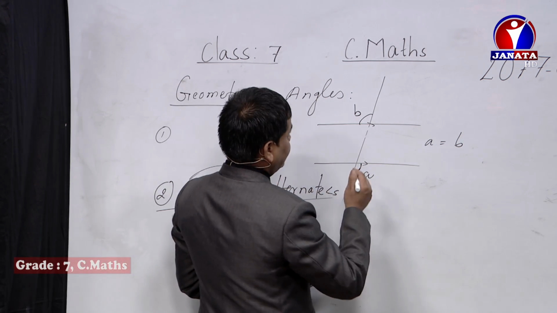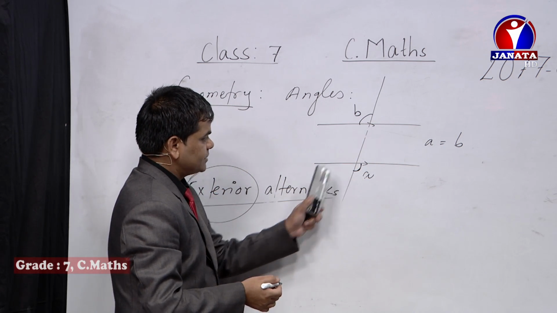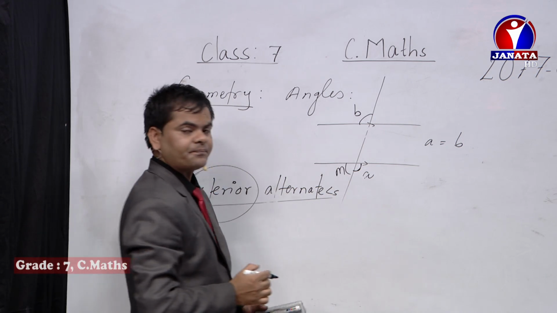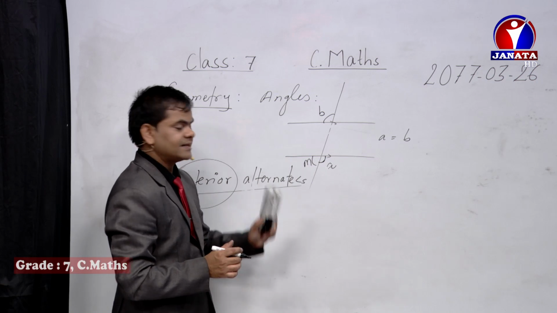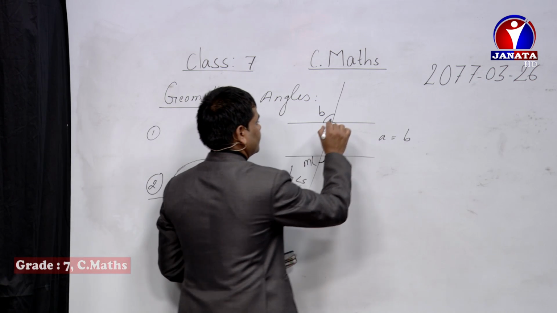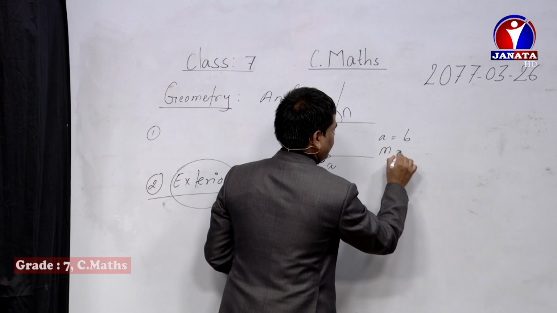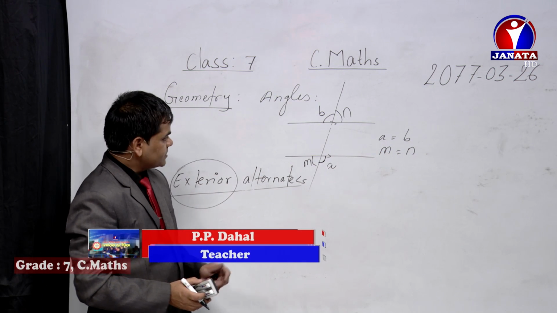And exterior alternate angles are not only these two, we can represent this side also. This one is also exterior, isn't it? So if I name this one as M, then the exterior alternate angle to this M will be this one. And M also equals N. Is that clear, dear students?